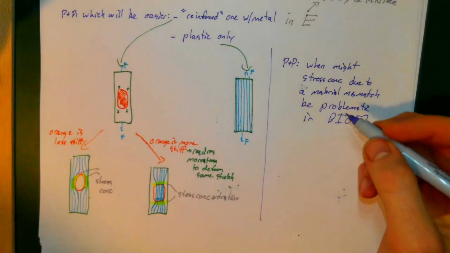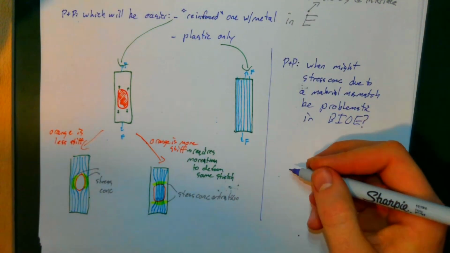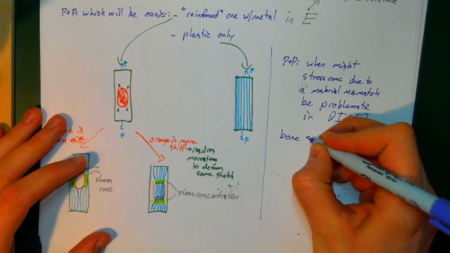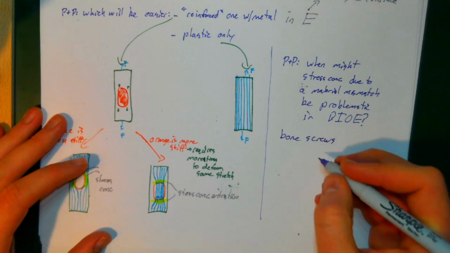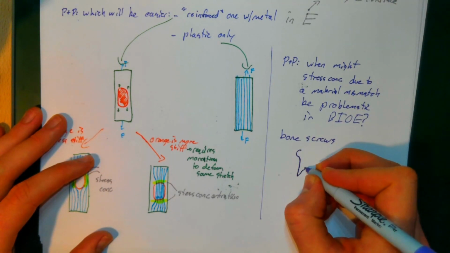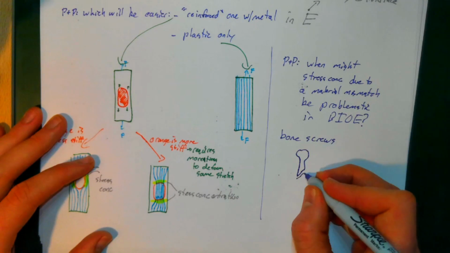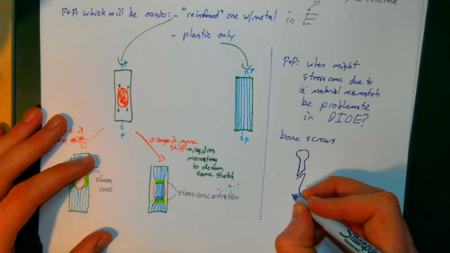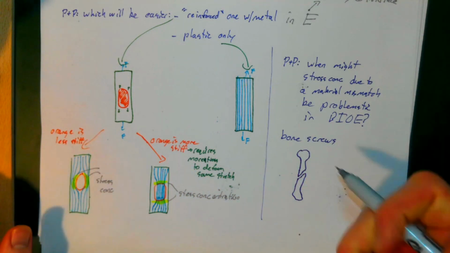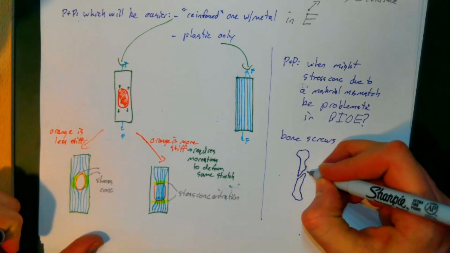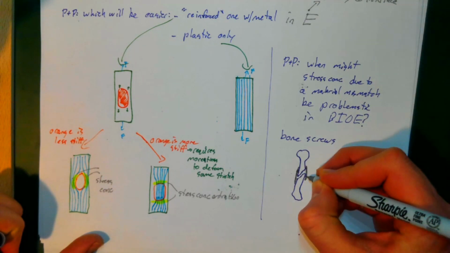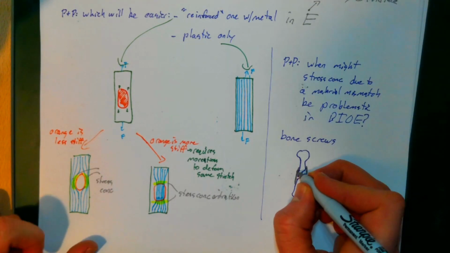Well, there could be any number of cases, but the case that's most prevalent to me is with bone screws. So if someone fractures their femur, oftentimes what surgeons will do is put plates up against, maybe both sides of the bone, but at least one side of the bone.